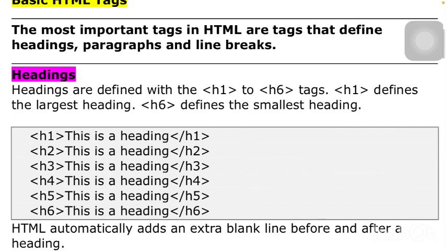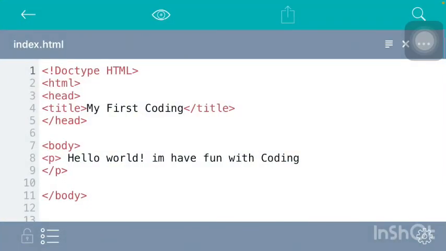They are all for headings. H1 is the biggest heading, which may be one in a page. H2 is a smaller heading, bigger than ordinary text. Let me show you an example from what we did here.